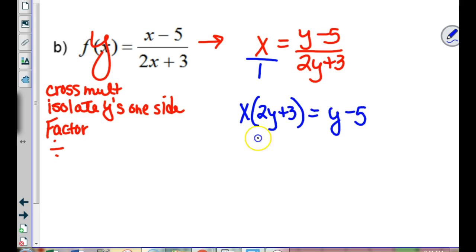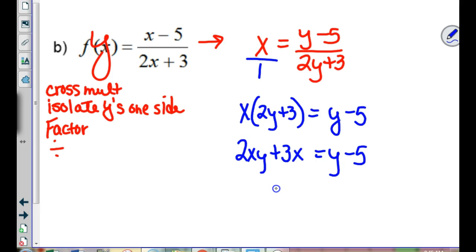Okay. Go ahead and distribute, and we'll get 2xy plus 3x equals y minus 5. Now we need all the y's on one side. Okay, I heard two.